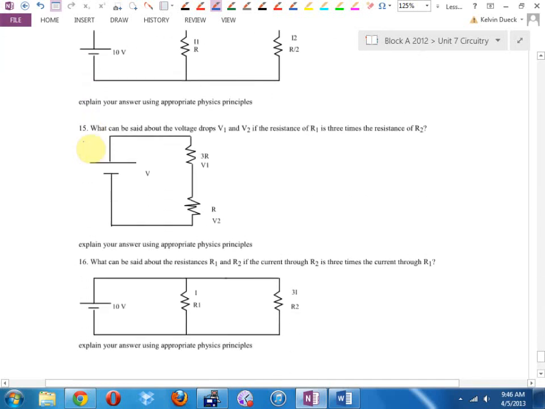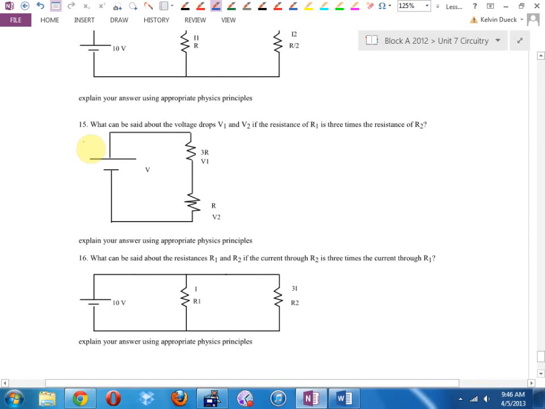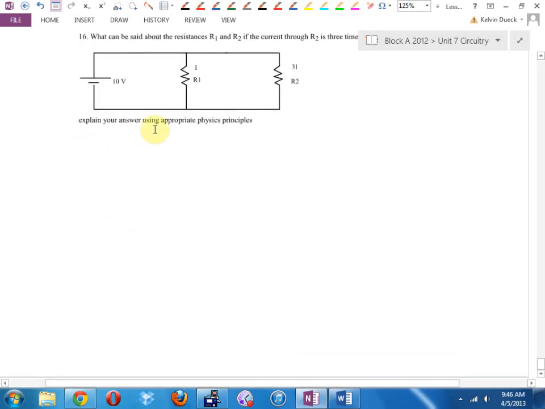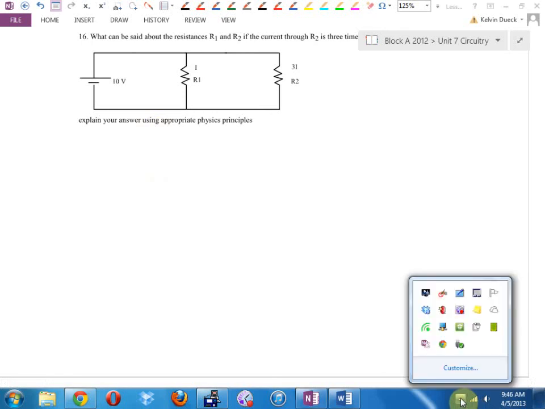So 14, 15, and 16 are using those ratios. I'm not going to assign those. I gave you the ratio trick. You can survive without it. Sounds like a lot. Maybe it is. I don't know. But there you are. Kirchhoff's laws.